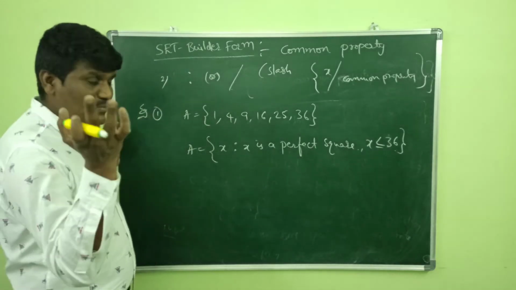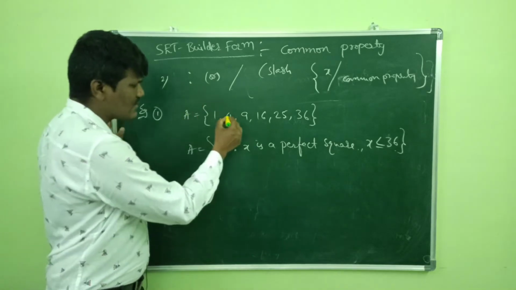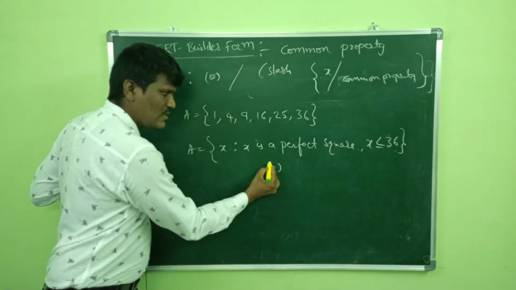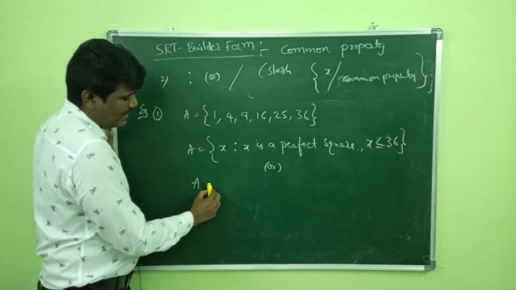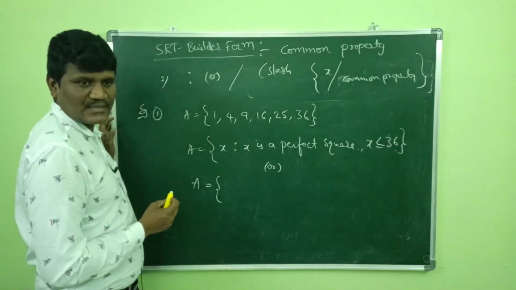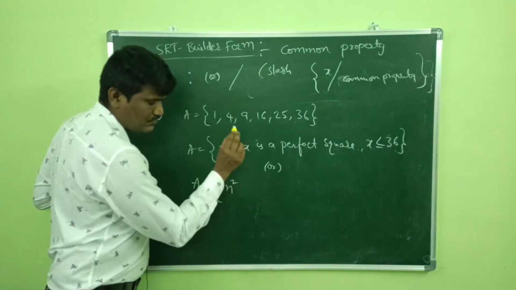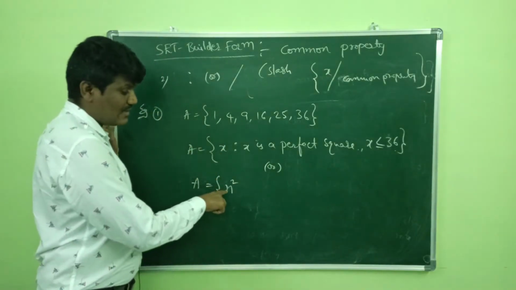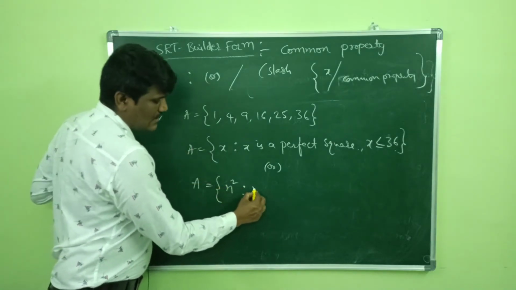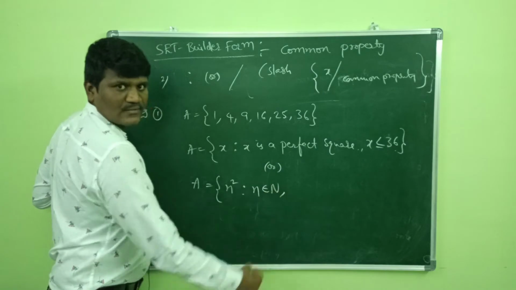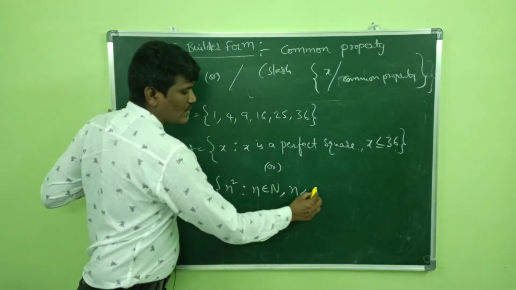Okay, same thing I'll write in a different way also. Same question, same set builder form, but in a different manner. If you observe, A is equal to, instead of x I'll take n square, where n belongs to N and n is less than or equal to 6.